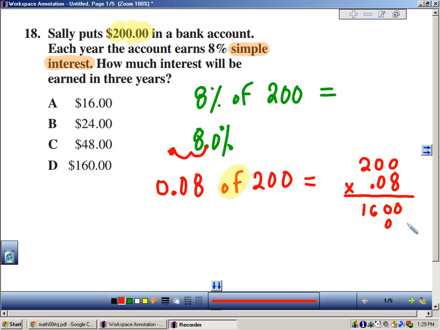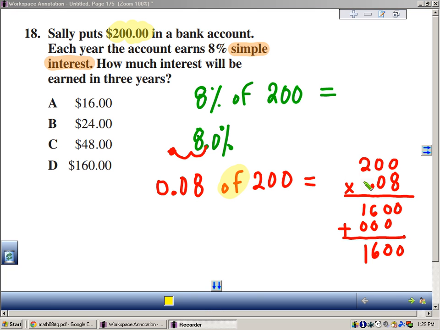Notice I shifted in 1 spot to the left, and that's what you do when you move to the next digit and start multiplying. So 0 times 0 is 0, 0 times 0 is 0, 0 times 2 is 0. Now we add the digits, 0, 0, 6, 1 plus 0 is 1. And so 1600 is not my answer.